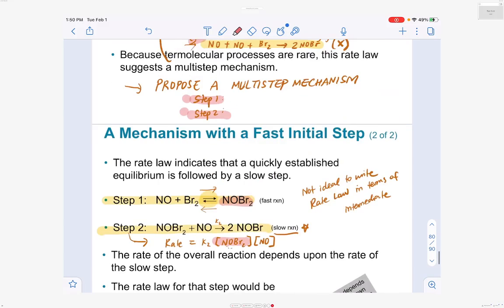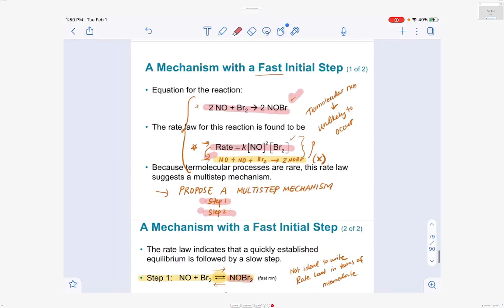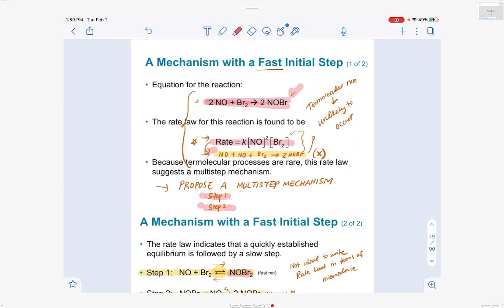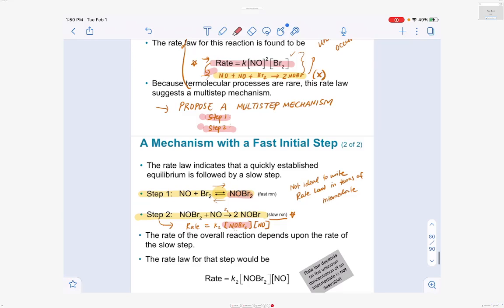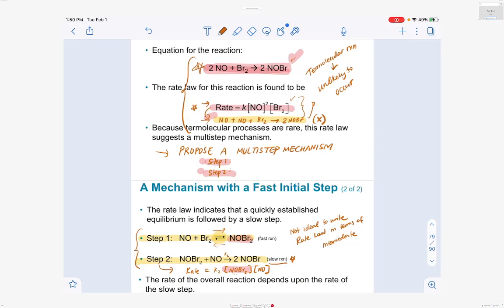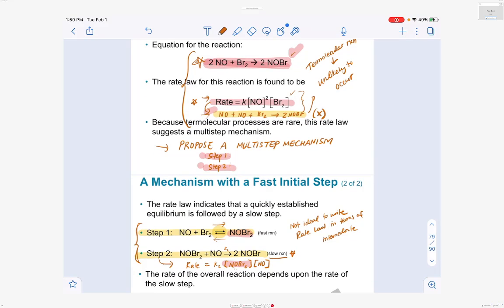So if we want to achieve this overall equation, this is what I can propose. There can be a variety of reaction mechanism combinations that can agree with this overall equation. This is one proposal. I'm proposing an equation that can agree with this.